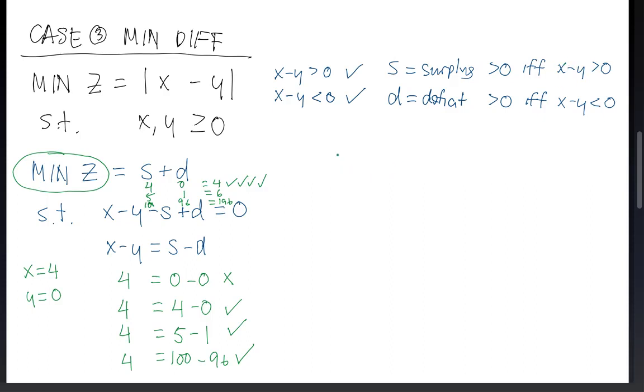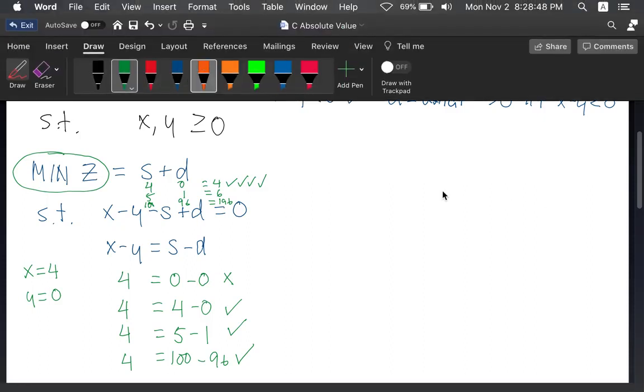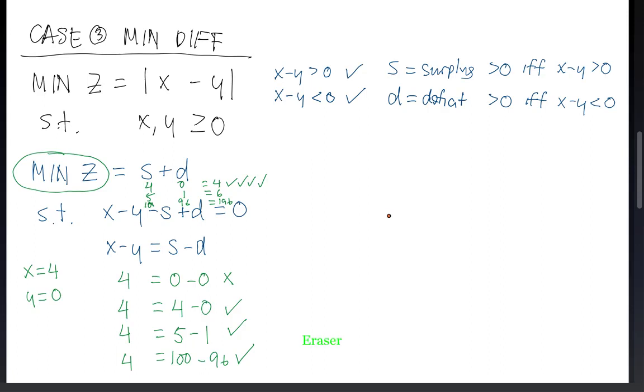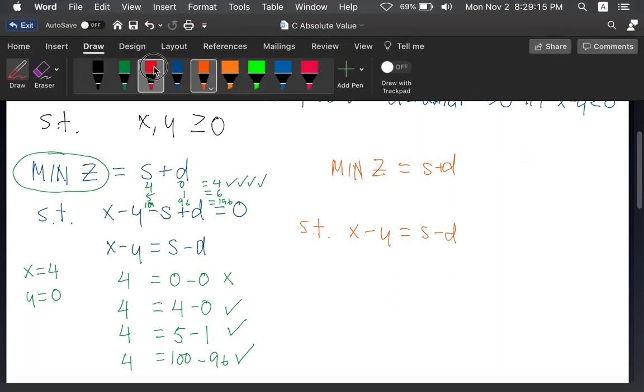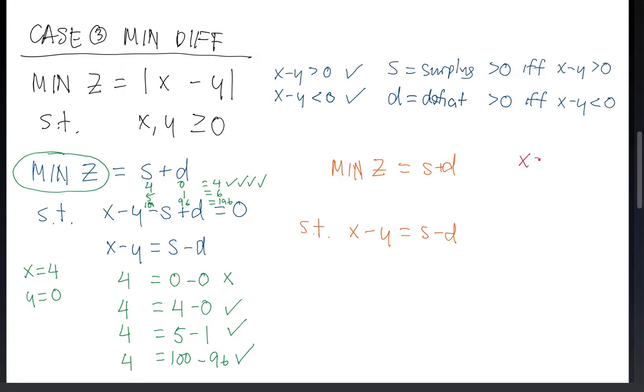Alright? Let's try it for another case. Let me just rewrite that. Let's change colors. This is a good color. So let's have min z, and don't forget the non-negativity. Let's put that later. Equals s plus d subject to x minus y equals s minus d, where x equals 4, but y equals 10.